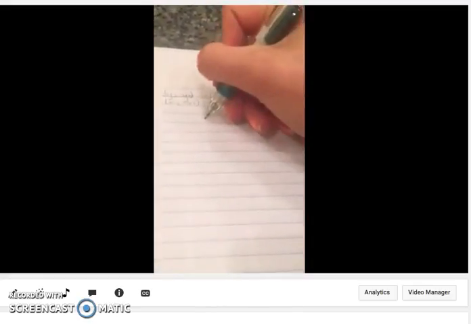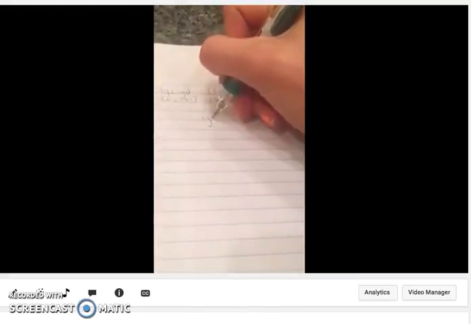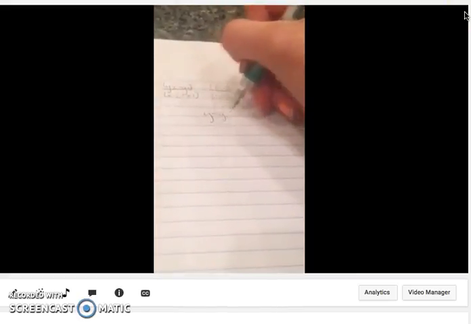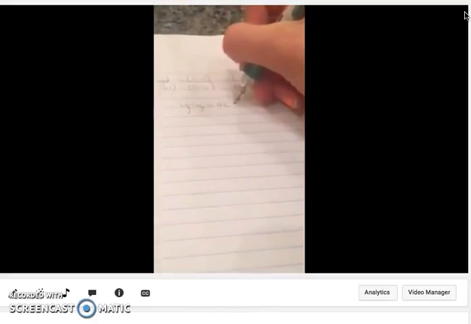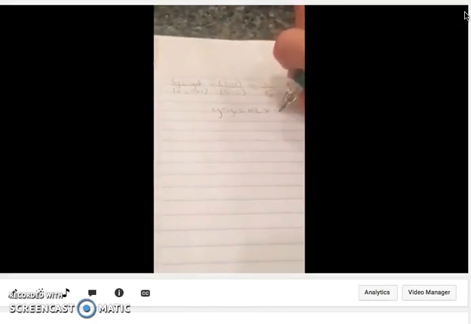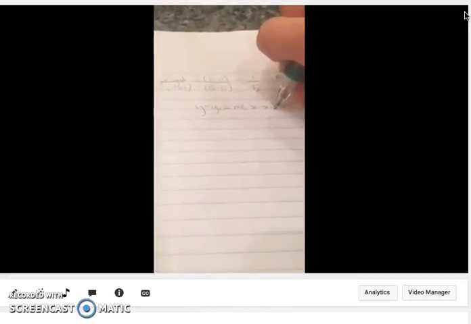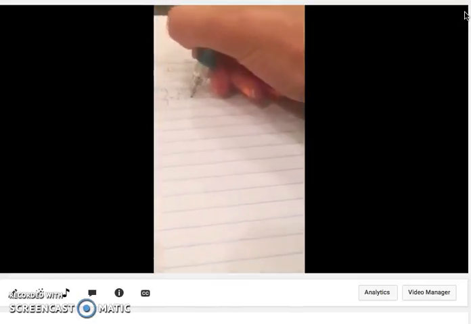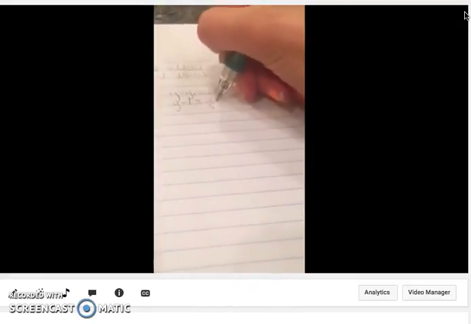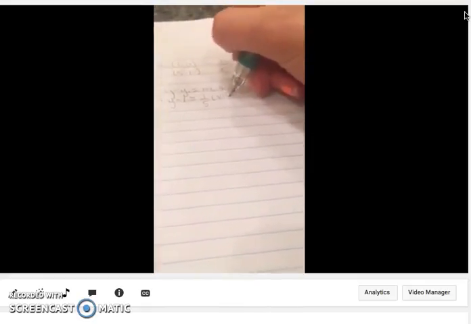So m equals 1/5. Now you plug this into point slope form, which is usually y minus y1 equals m times x minus x1. So to plug in these numbers, you do y minus 1 equals 1/5 times x minus 5.